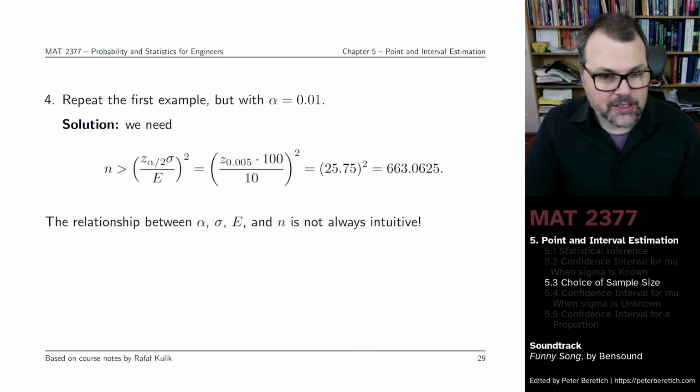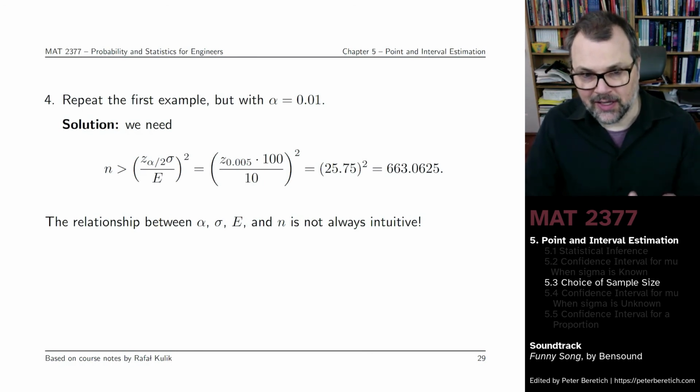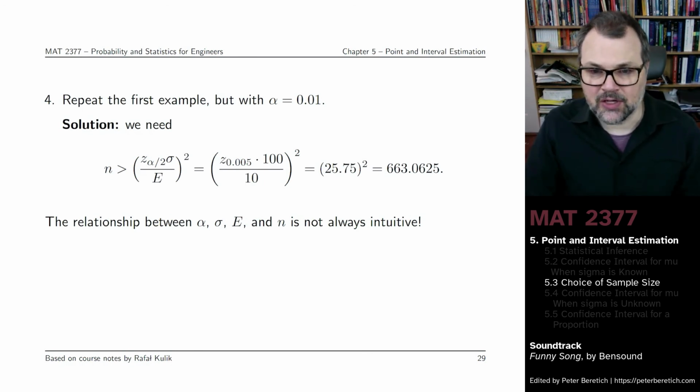So the relationship between alpha, sigma, the error bound E, and the sample size isn't always intuitive. It's a fairly straightforward expression here, but the percentile computation sort of complicates matters in terms of our ability to quickly guess what the value should be.